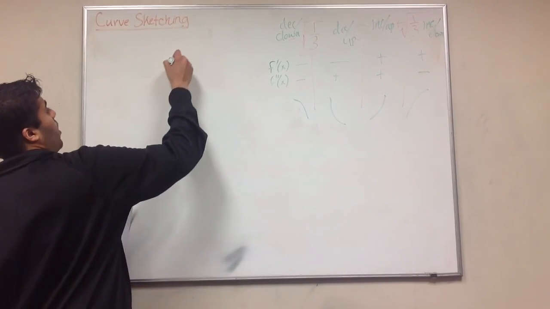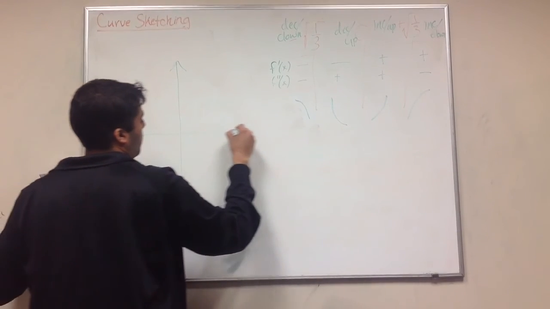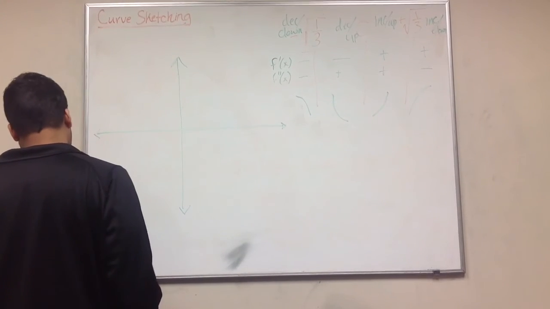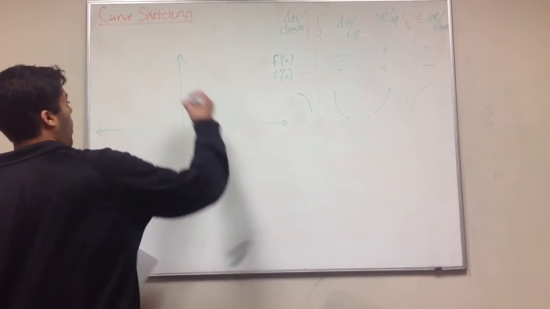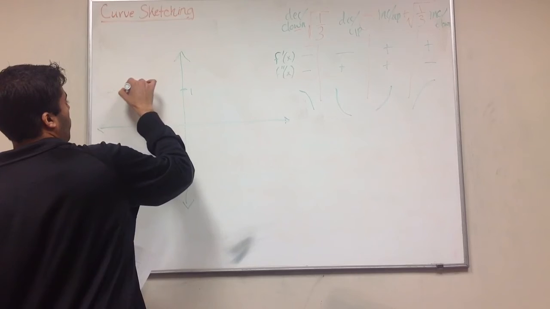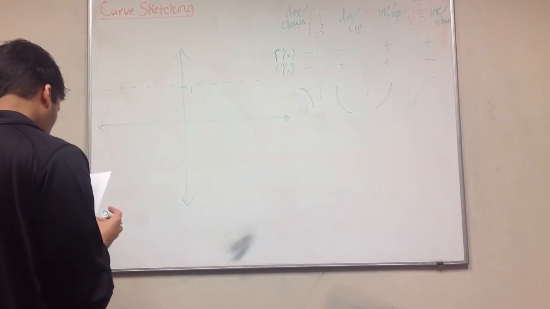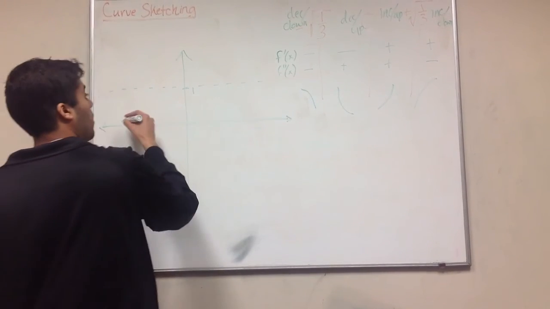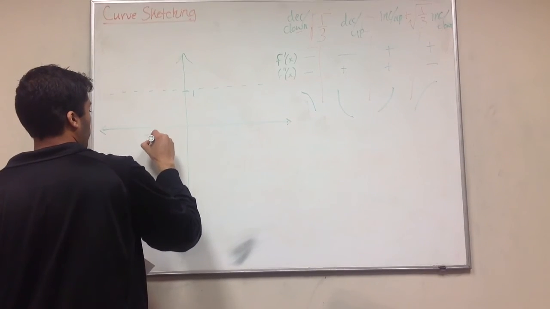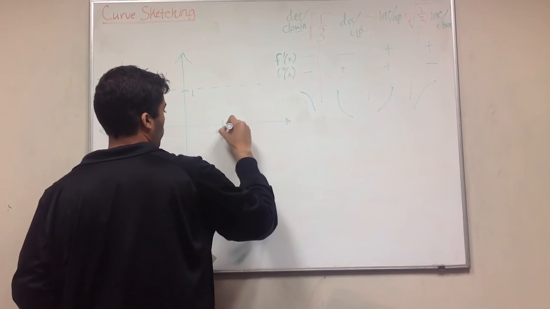Alright, so we have a graph. We know that we had a horizontal asymptote of y equals 1, so we have a horizontal asymptote. No vertical asymptote, so we don't need to worry about that. We had critical points at negative square root of 1/3 and positive square root of 1/3.